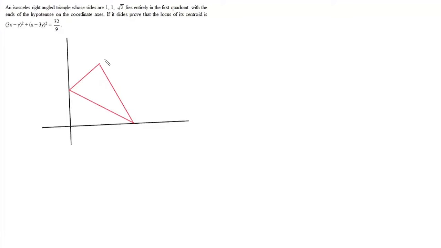With sides 1, 1 and root 2. So this length is root 2, this is 1 and this is 1. Now suppose this angle is theta. So here it will be (root 2 cos theta, 0), and this point will be (0, root 2 sin theta).